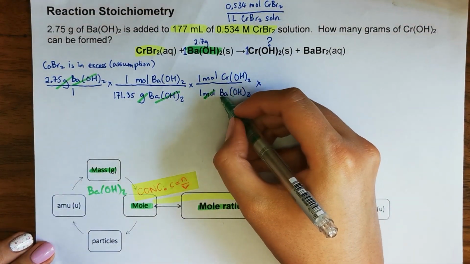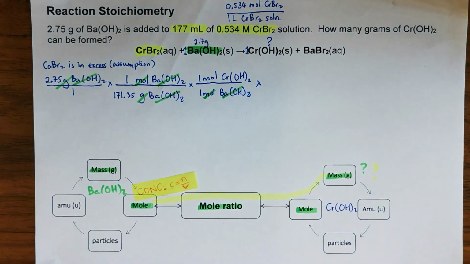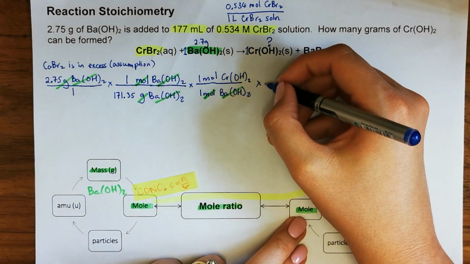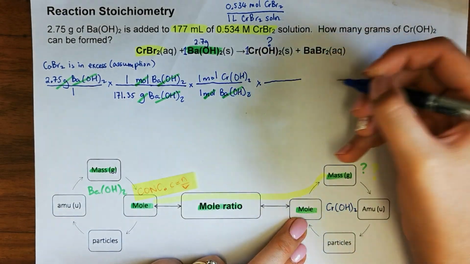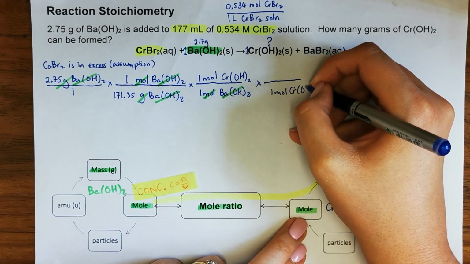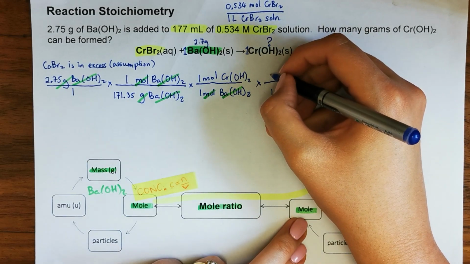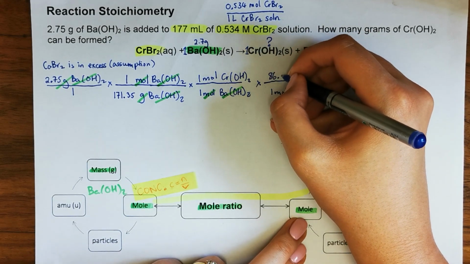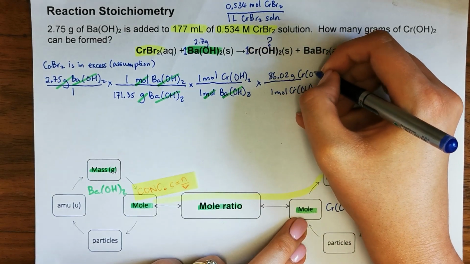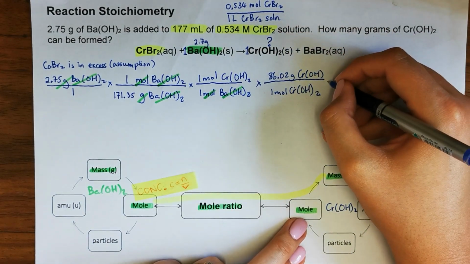Let's cancel quickly. The unit and the label cancel. The unit and the label cancel. We're on the home stretch. From moles to mass, we know we use the molar mass. 1 mole of chromium hydroxide weighs, and from the periodic table, we found that it weighs 86.02 grams of chromium hydroxide are contained in 1 mole of chromium hydroxide.